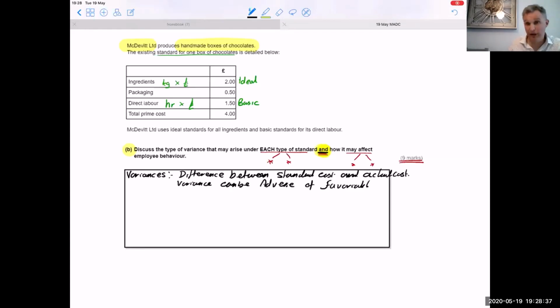Now, if you really wanted to, if you were talking to my mum, what does adverse mean? It has a negative impact on profit, and favourable, a positive impact on profit.